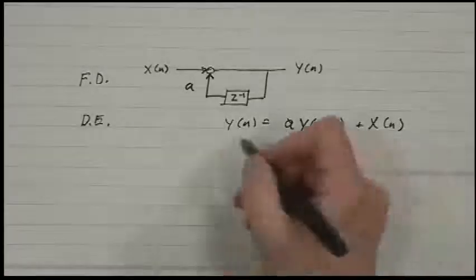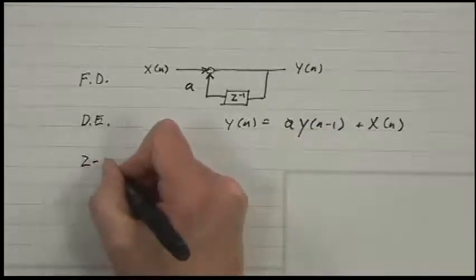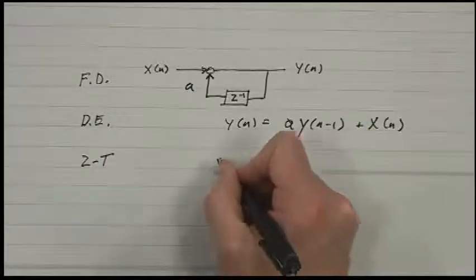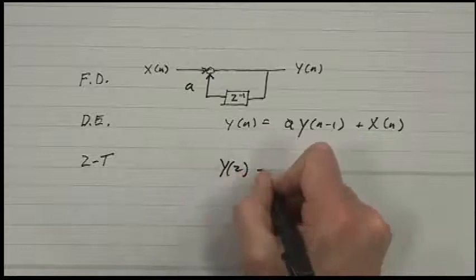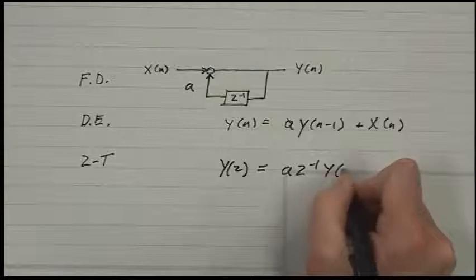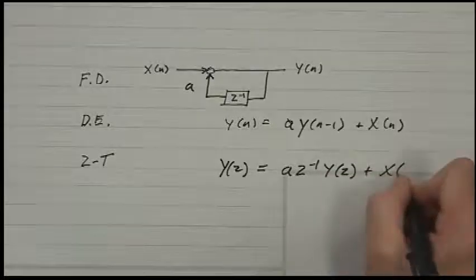Okay? So if you take the Z transform of this, it is going to be y of z equals a times z to the minus 1 y of z plus x of z.